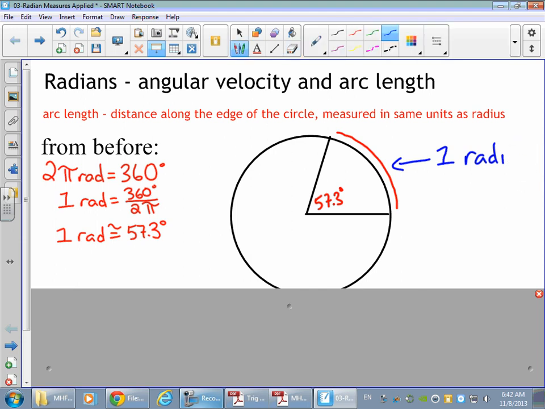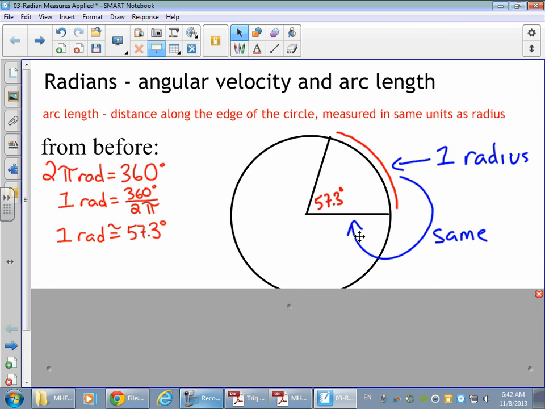So this is what radian implies, that it's the number of radiuses. This length here and this length here are exactly the same. And if we measured this length off, there would be another one here, and we'd end up with about 6.28 of them to make it all the way around the circle.